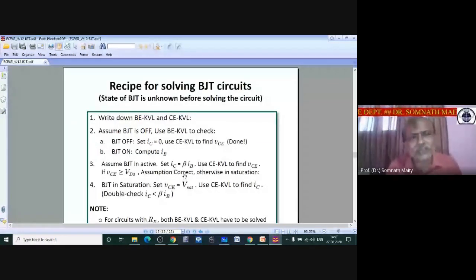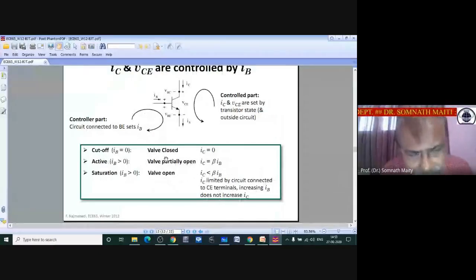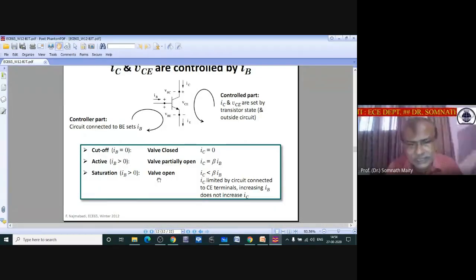Now cutoff means valve closed, switch off. Active means valve is partially open, and partially open means current flow will be there.